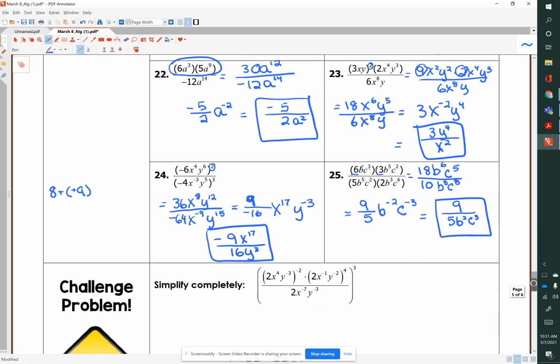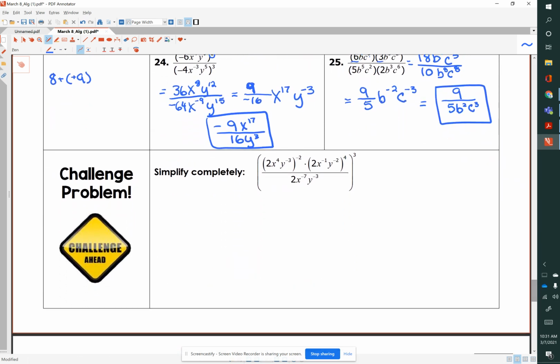Now, you see we have a challenge problem here. If you can complete the challenge problem in class and show all your work, you must show all work. So every step.